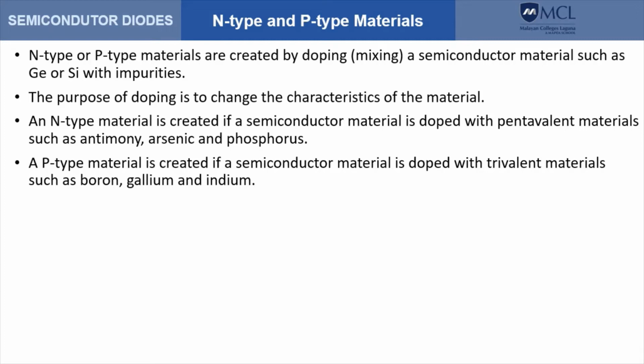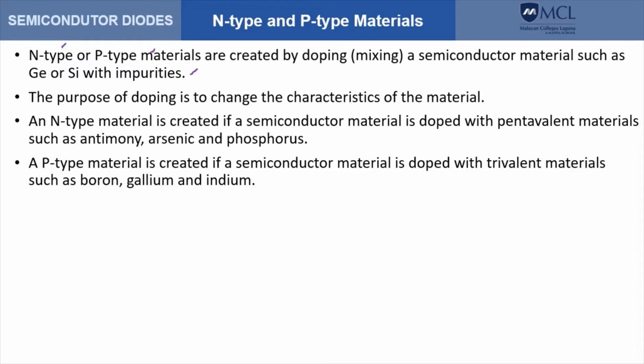The building blocks of semiconductor devices are made up of what is called the N-type and P-type materials. These materials are created by doping semiconductor materials with impurities.